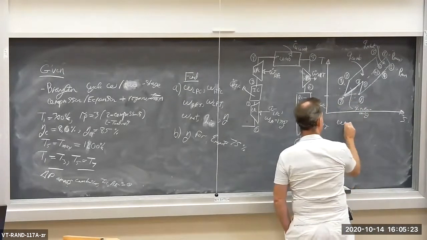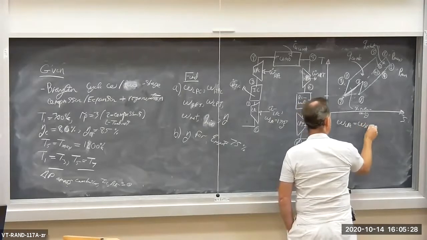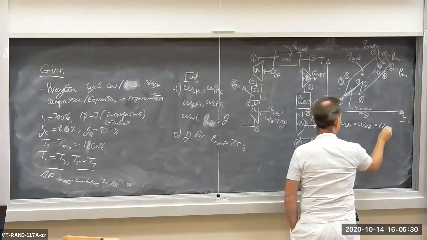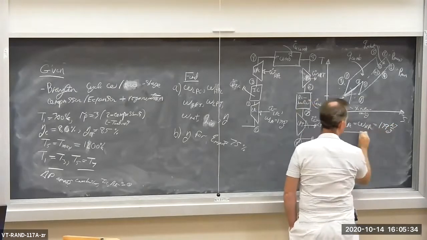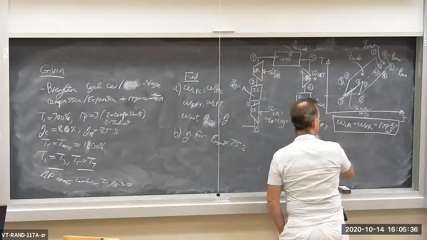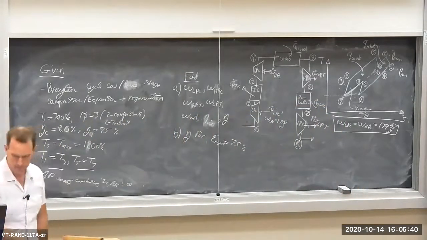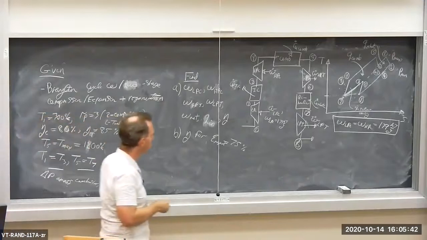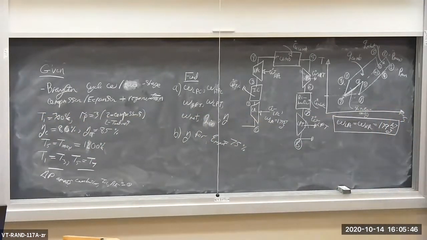WLPC equals WHPC, 139 kilojoules per kilogram. Okay, it's both the same. All right, let's calculate the specific work.